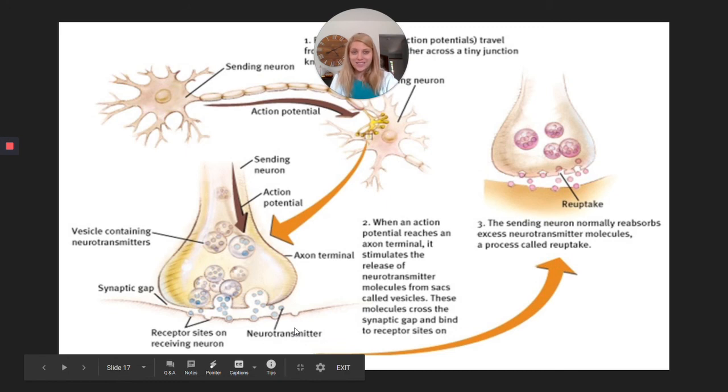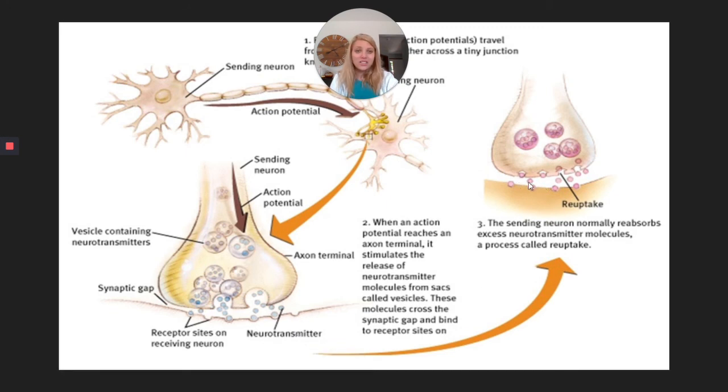That's because when that occurs, these extra neurotransmitters who don't have anywhere to go, well, they can't just hang out in the synapse. They'll actually get sucked back up into the sending axon terminal, and they will wait for the next action potential to come along to push them out again.